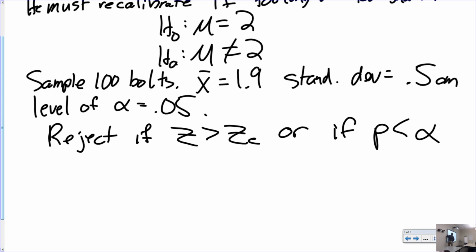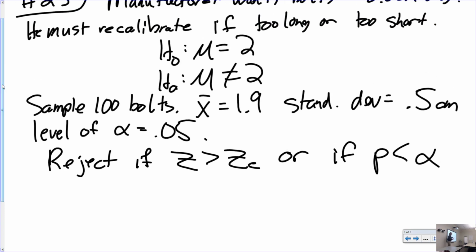And this is a good problem to work on because note, folks, one of the things that you have to do with your P-score is that when you are dealing with a two-tailed test, you must account for both sides of the tail, okay?